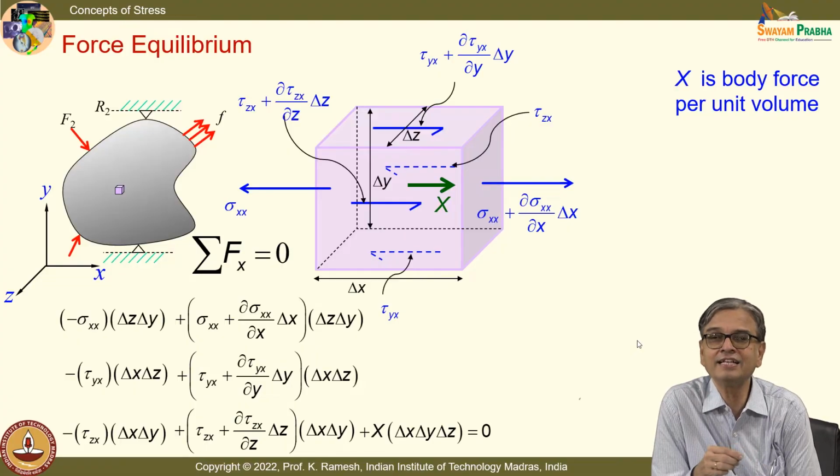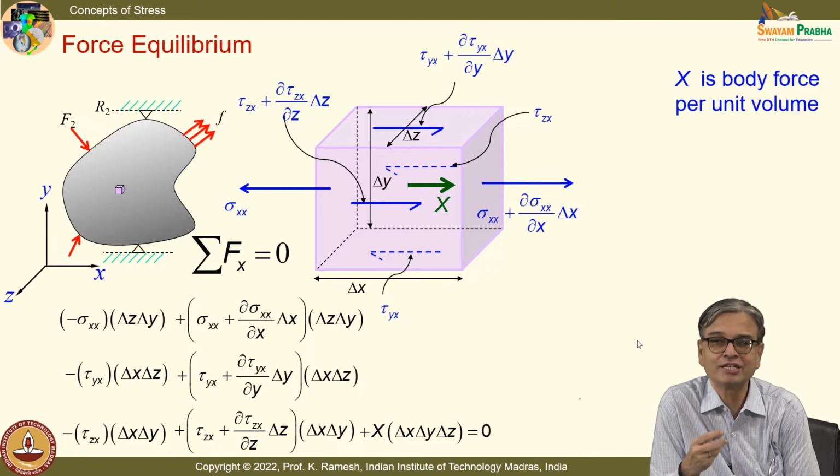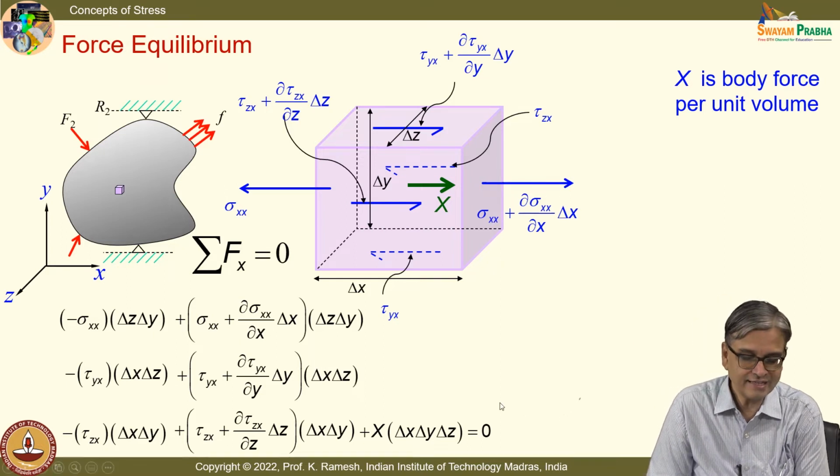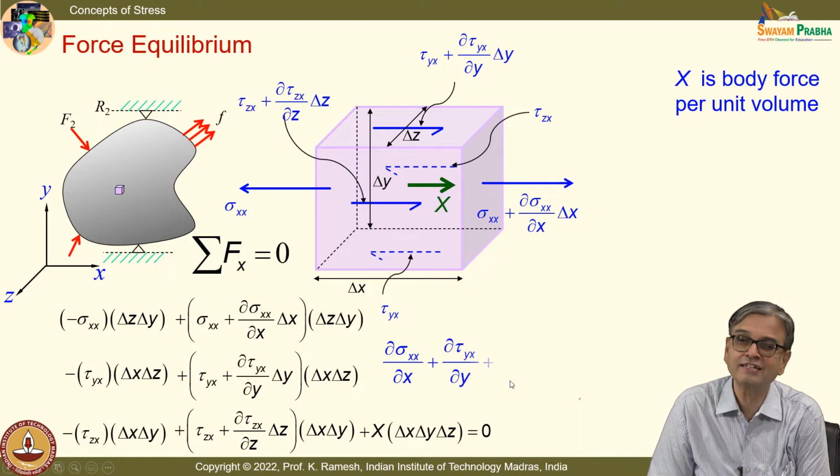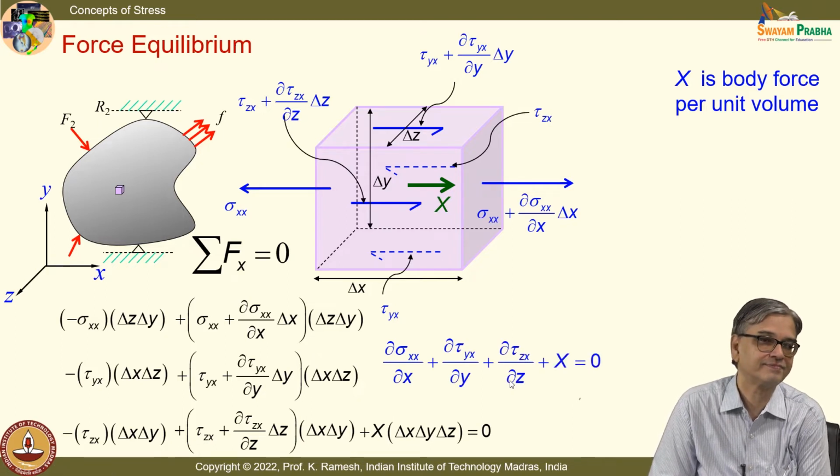I get a nice equation. In which form? Because I raised, before we start this, in what way do you anticipate the equilibrium condition? Because it should be both necessary and sufficient. So I get this as a nice differential equation. Fine?